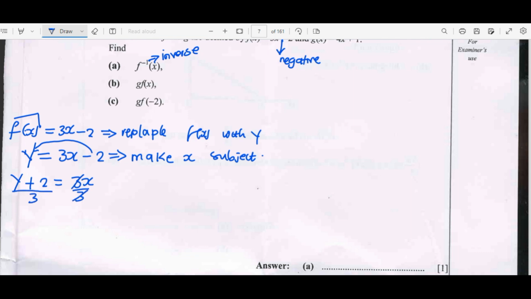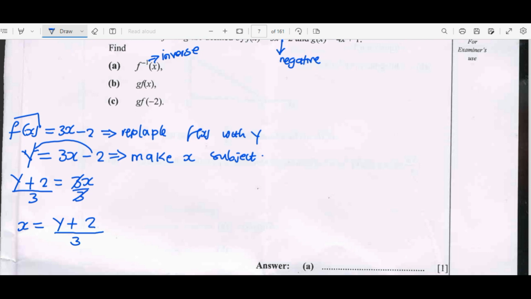So that if we cancel, we have x is equal to y plus 2 over 3. Then if you look at the division sign, don't say "over 3" only. This 3 is the denominator for the two expressions, which is y and 2. So the division must cover everything on top.